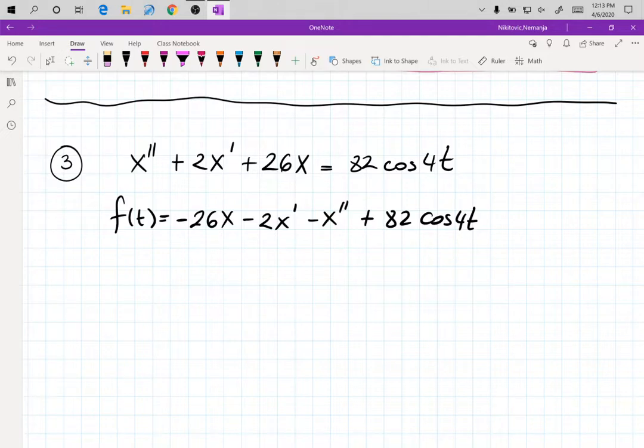I am writing the implicit form, and now my x1 is going to be my good old x, and x1 prime is going to be my x2, which is x1 prime.